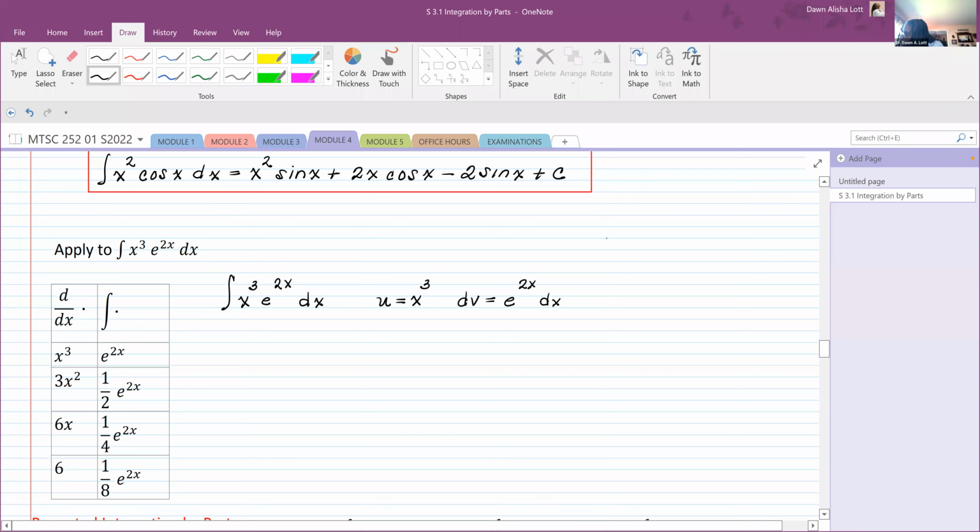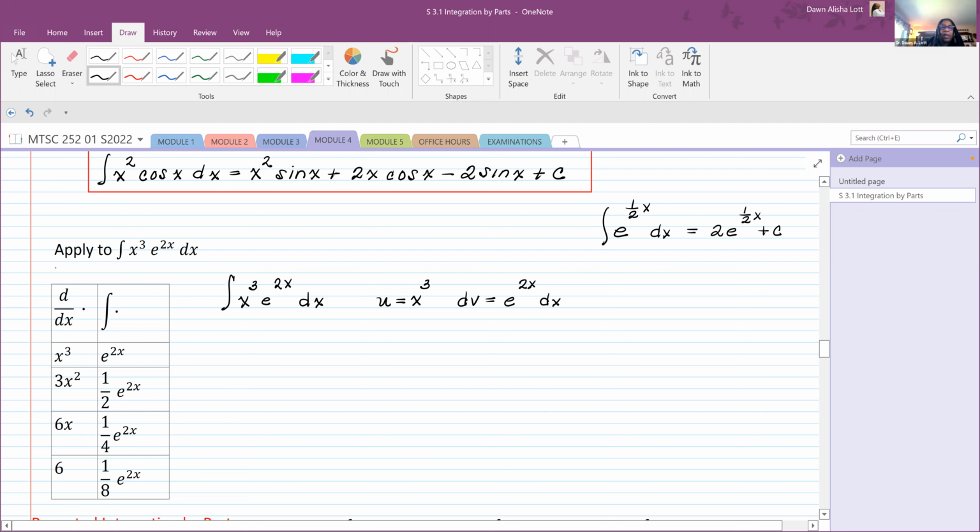Speaking of which, on the exam, you had to integrate e to the 1/2 x dx. So you divide by the 1/2 and you get 2e to the 1/2 x plus the constant.